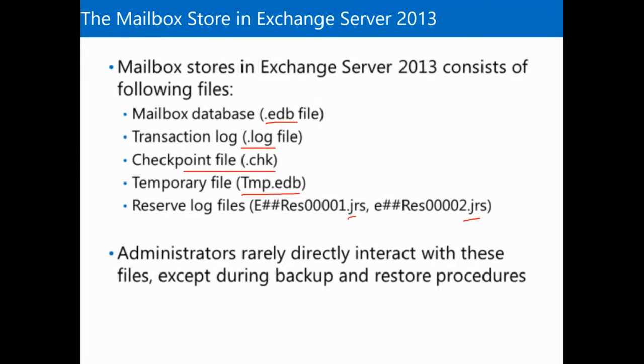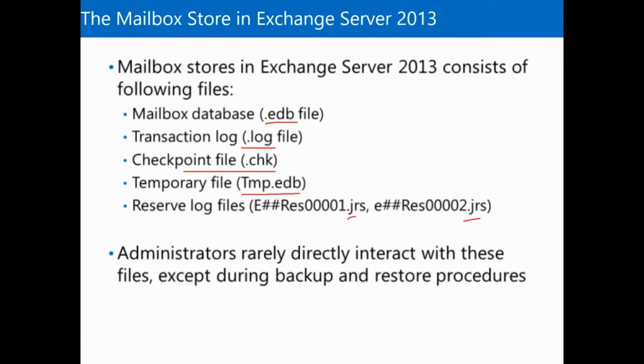This file is directly accessed by the Extensible Storage Engine, ESE. It has a B-tree structure that helps to provide quick access and enables users to access data on any page within just one input or output cycle.